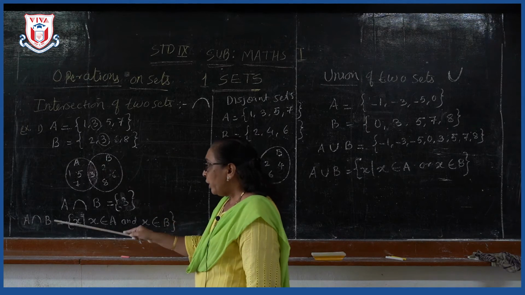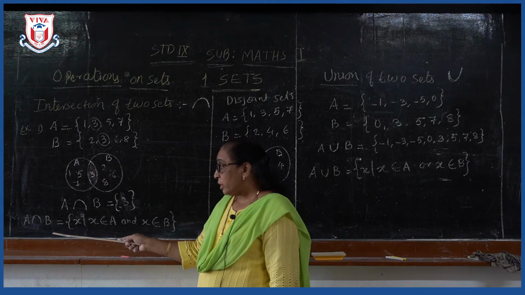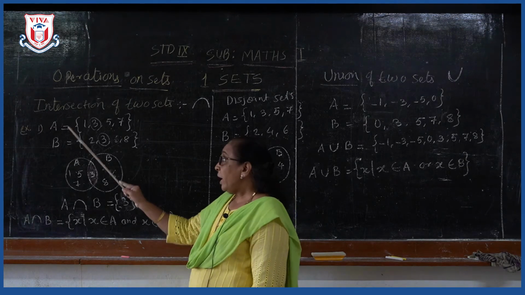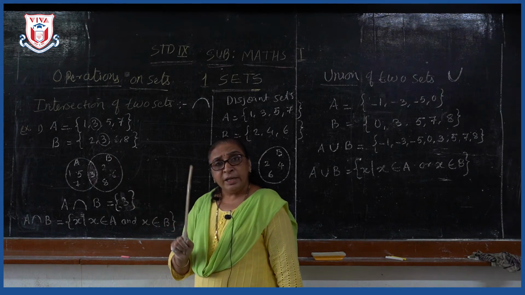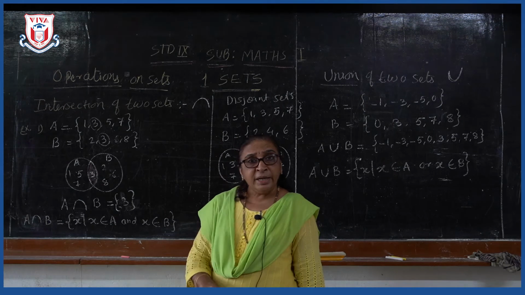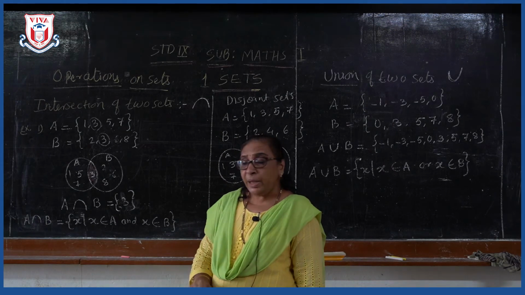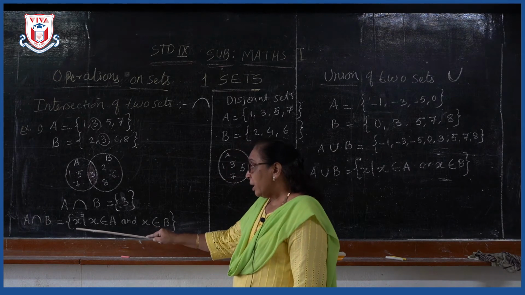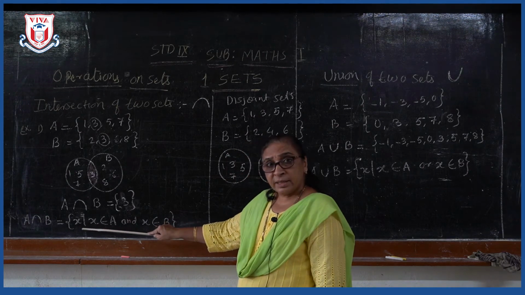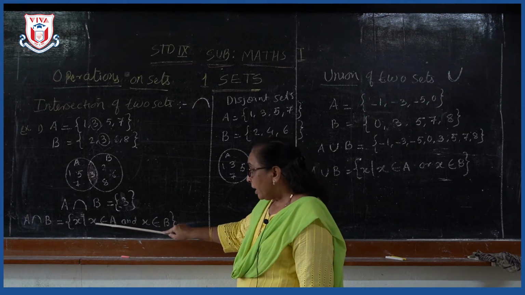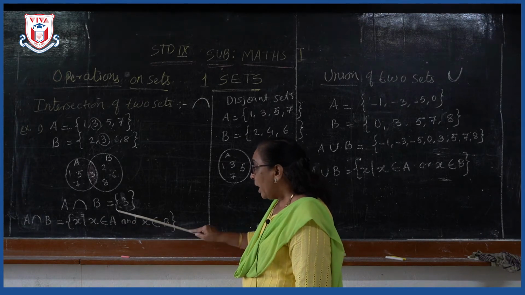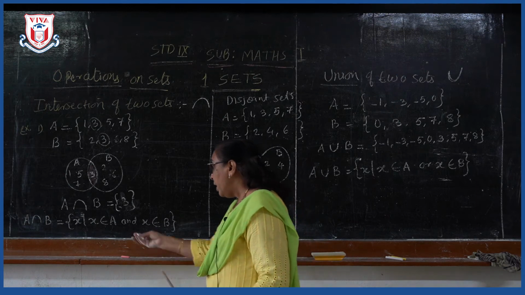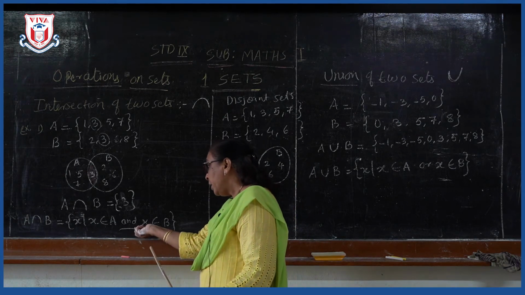Now if we want to define the intersection set in this form, how can we write? If A and B are any two sets, then A intersection B will be equal to what? A intersection B is the set of all x such that x belongs to A and x belongs to B. See, the word and is very important here.